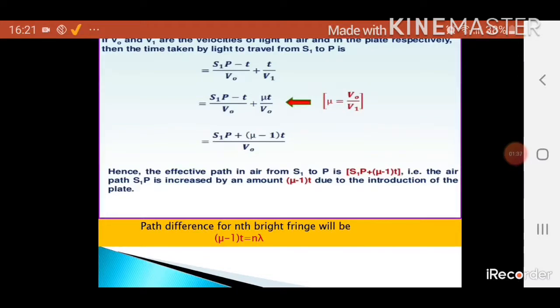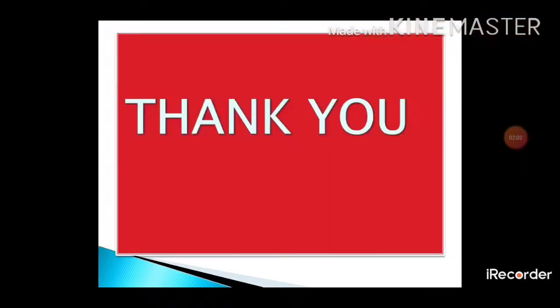If the shift were observed in the opposite direction, then we could say that light would have travelled faster in the medium of refractive index mu greater than 1. But from here we have observed that light travels slowly in the medium whose refractive index is greater than that of air. So this was the importance of this Fresnel experiment.